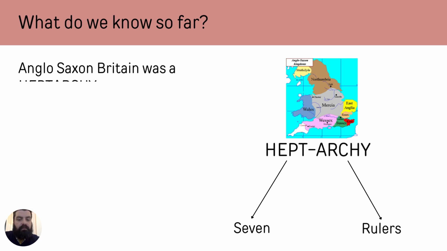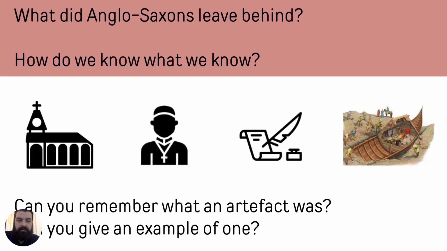Then a simple task that we did at the end, because this was the 5th lesson in a 6 lesson sequence of the Anglo-Saxons, was: what did the Anglo-Saxons leave behind? How do we know? I'm thinking about what an artifact was and examples. These images on the screen were just prompts for the children as a task to scaffold their thinking.